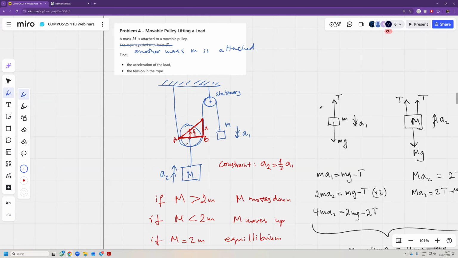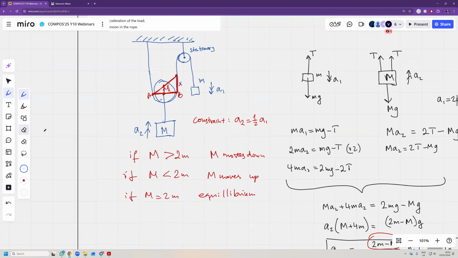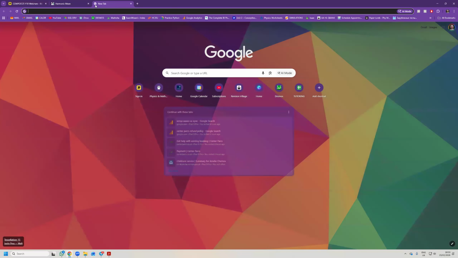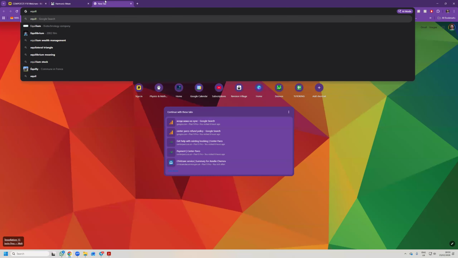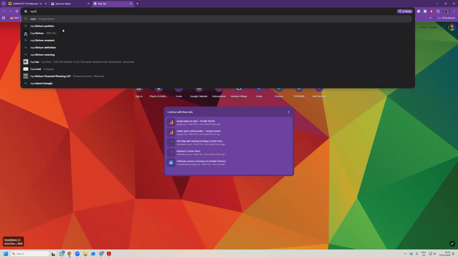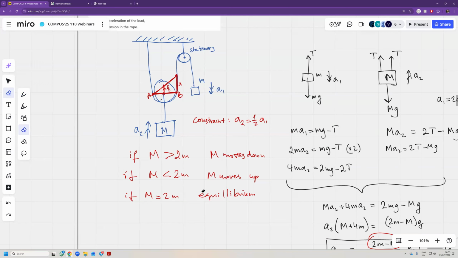And so equilibrium. Is it one single L? Oh, come on. Me and spelling. Equilibrium. No, single L. Right.